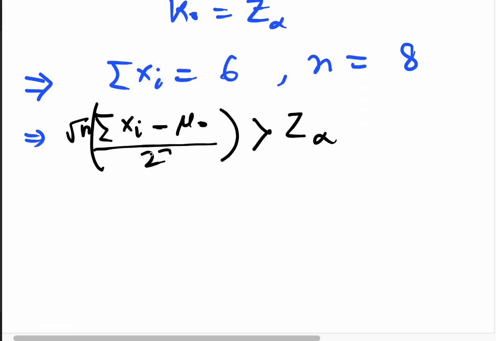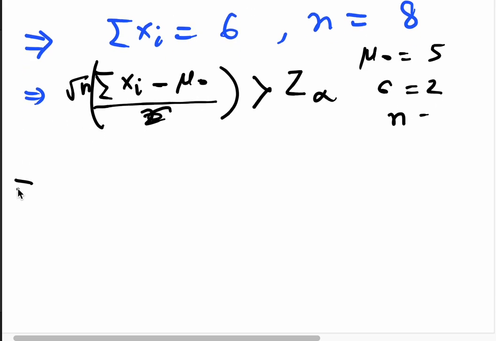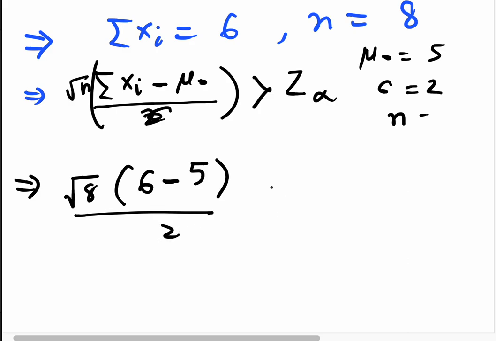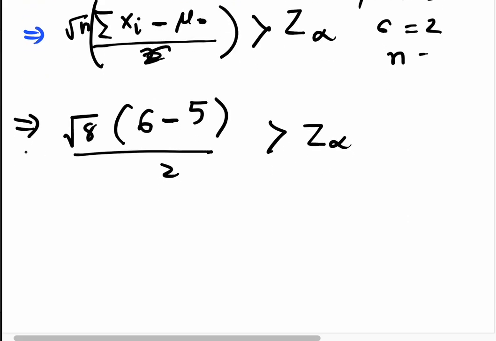So this is sigma, and here we also know that mu 0 is 5, sigma is 2, n is 8. So let's put all the things together. So n is root 8, this is 6, minus mu 0 is 5 by 2 is greater than z alpha.